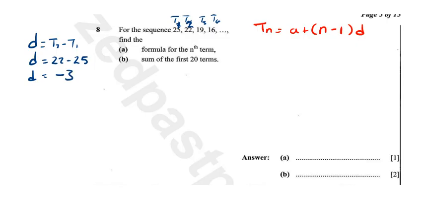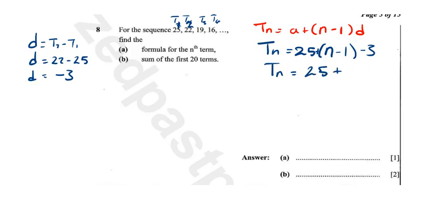So you say Tn is equal to our first term, which is 25, plus, there's a positive there, don't forget, open bracket n minus 1, close bracket, and then negative 3, like that. So Tn will be equal to 25 plus negative 3 times n, so it will be negative 3n. Negative 3 times negative 1 will be positive 3, like that.